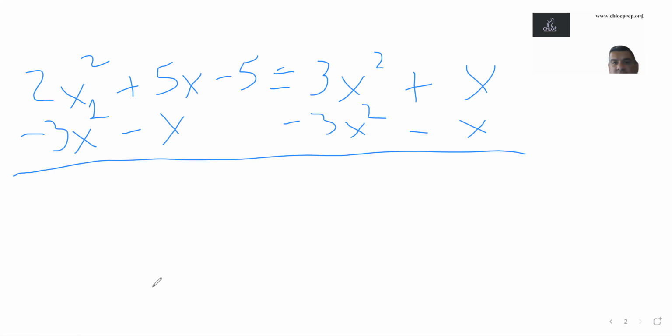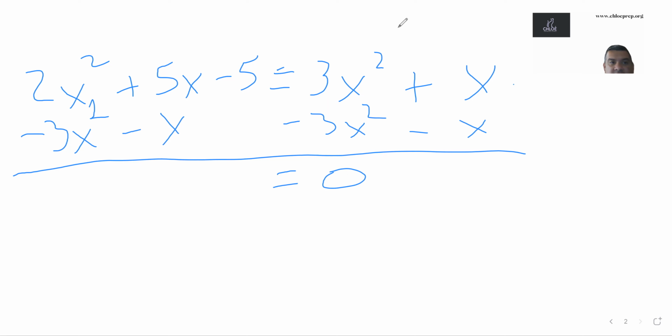Right. So we'll start on the right because it's just easier. 3x squared minus 3x squared is 0. X minus x is 0. So we have 0 over here. That's exactly what we wanted for our quadratic. So it equals 0.